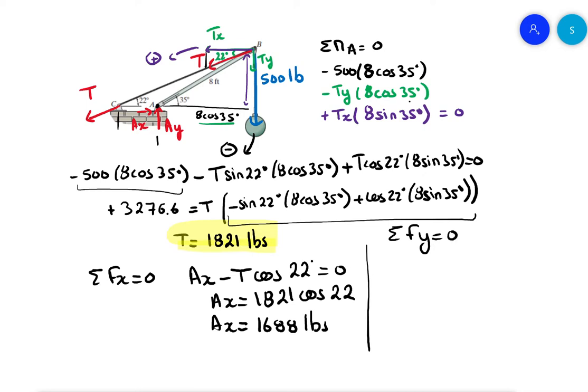And for the y, we can do the sum of the forces in y equal to 0. So on y, we have AY plus minus T sine 22, and don't forget the minus 500, equals 0.